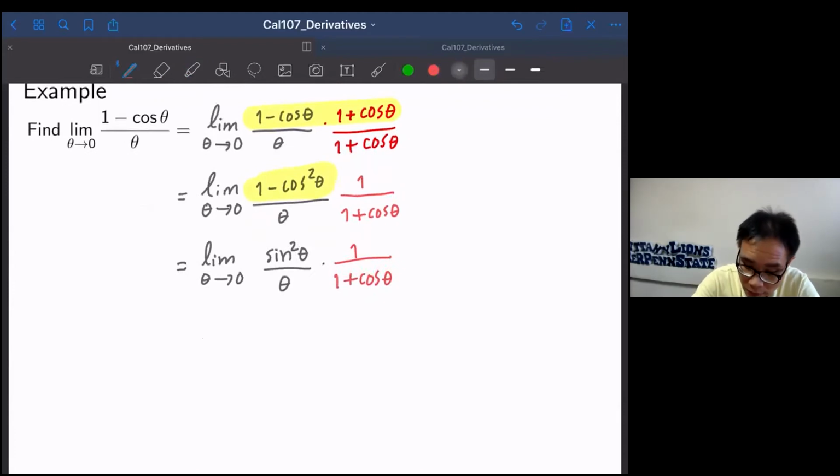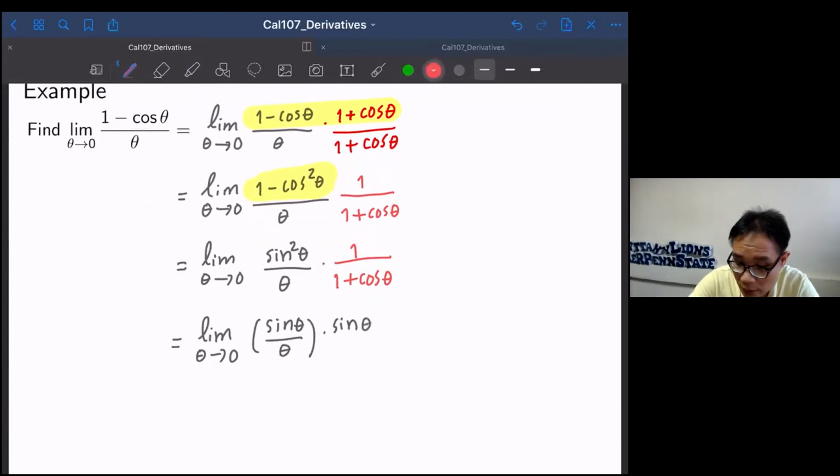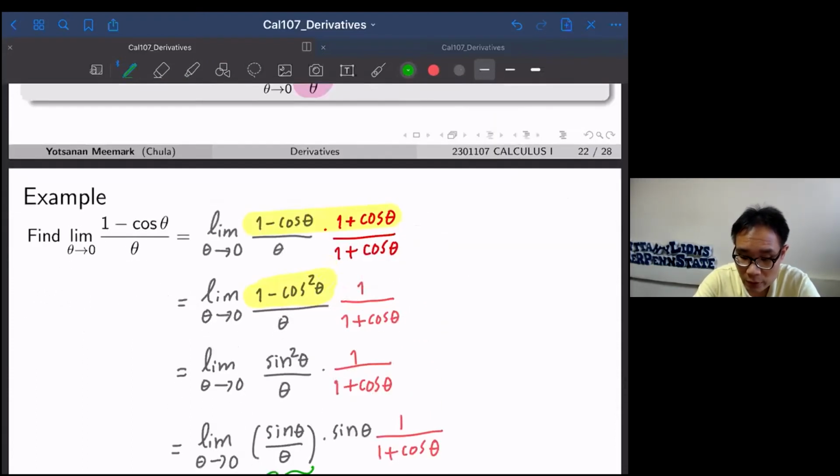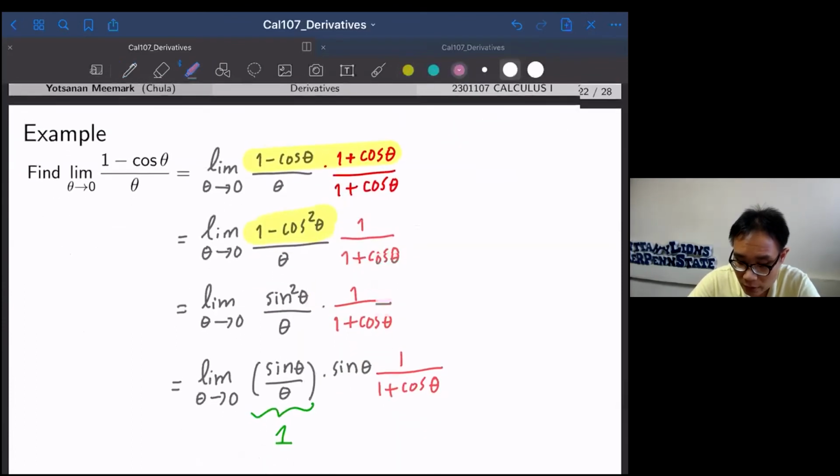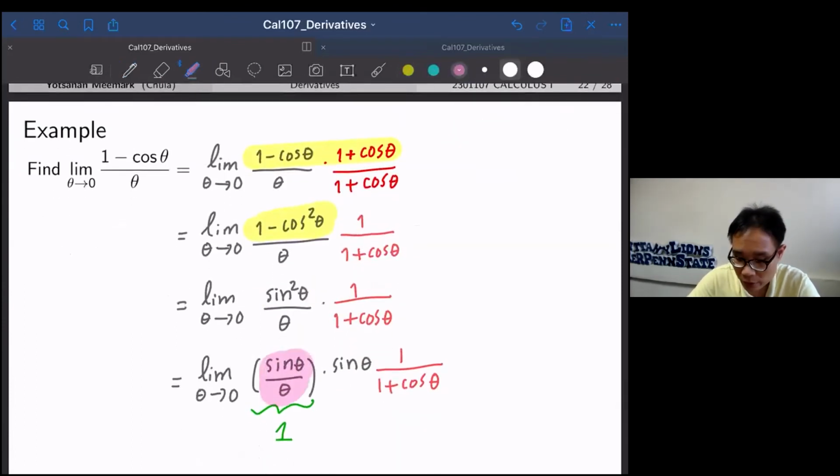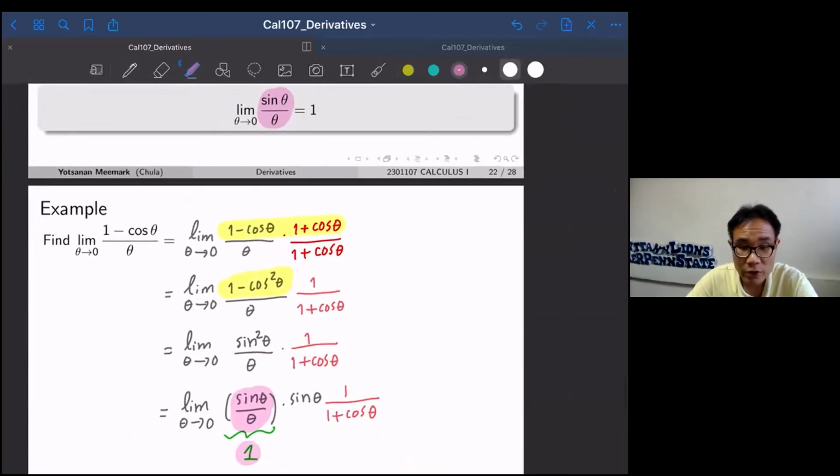And here you are able to simplify to the limit as theta goes to 0 of sine theta over theta, multiplied with sine theta over 1 plus cos theta. And you see that the limit as theta goes to 0 of sine theta over theta is equal to 1 by using the pink limit, from the previous page.